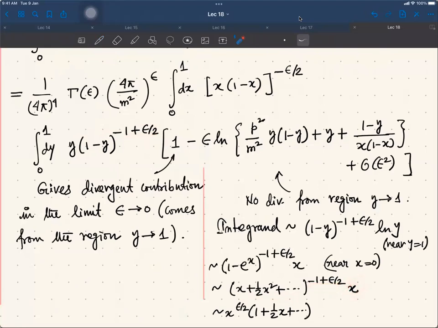There is a factor of x, so it gives x to the power epsilon by 2. And inside the round bracket, I have this. In the limit x going to 0, this basically goes to 0 as epsilon goes to 0 plus. Right, that is the reason.